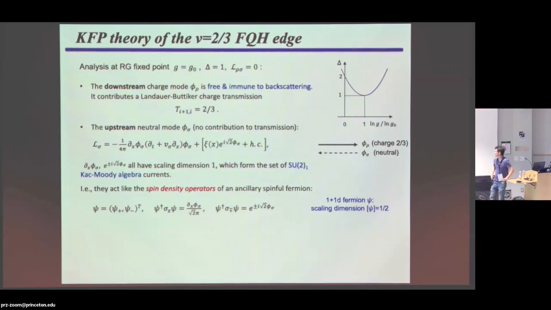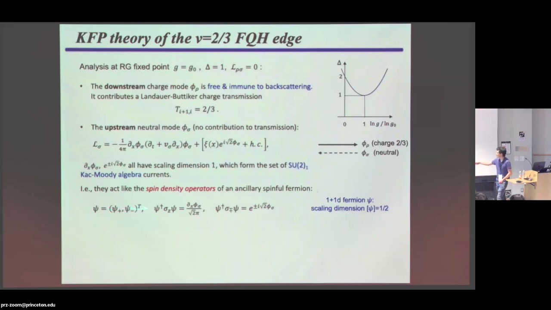But in the language of condensed matter, we can understand it this way: you are creating or annihilating some excitations, and they act similar to the spin density operator of some ancillary spinful fermions. They're not actually such fermions, but for the purpose of calculations, it's fine to define them.